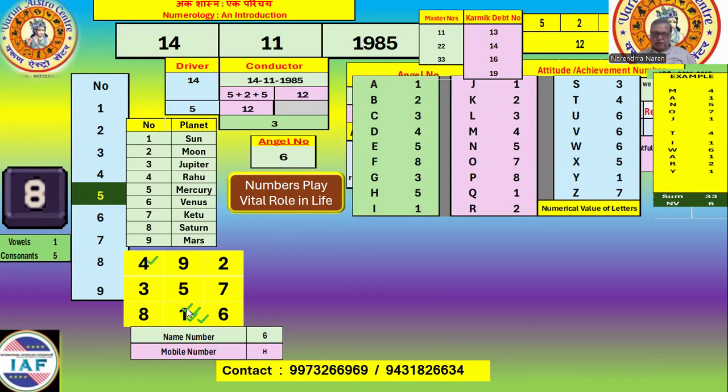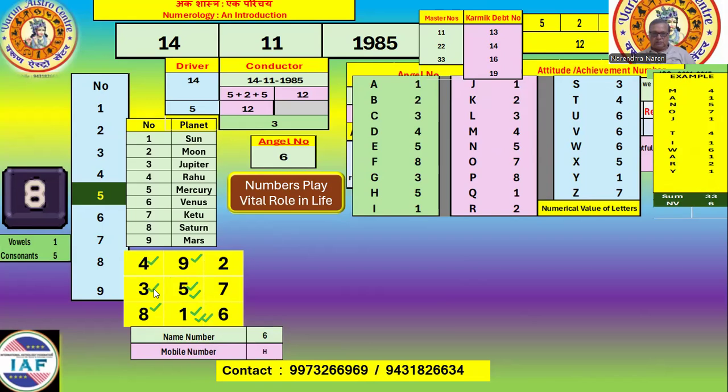Then 9, 8, and 5. These numbers, when added together, give 5.